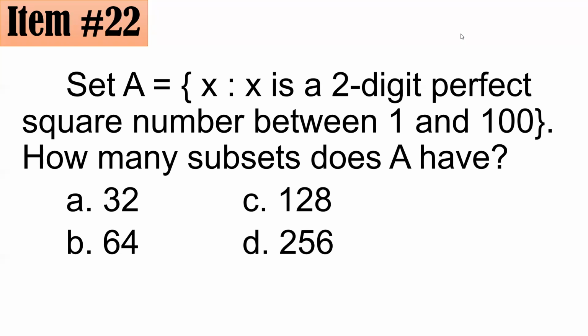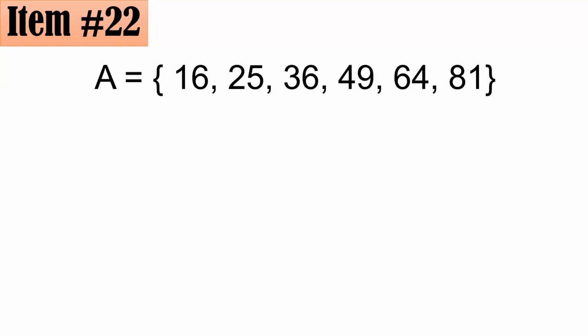There are how many perfect squares? 7 ba or 8? Take note, sabi niya between eh. So therefore, 1 and 100 should be out of the picture. And you are left with what? You are left with 16, 25, 36, 49, 64, and 81.